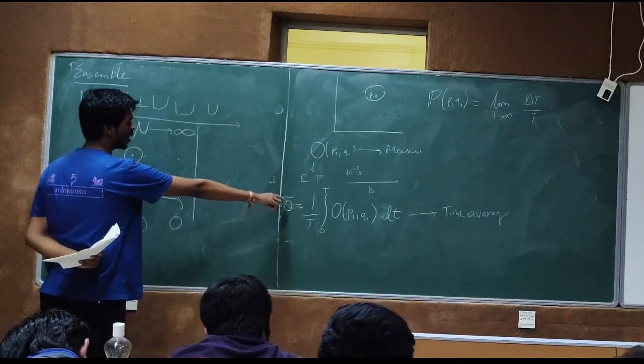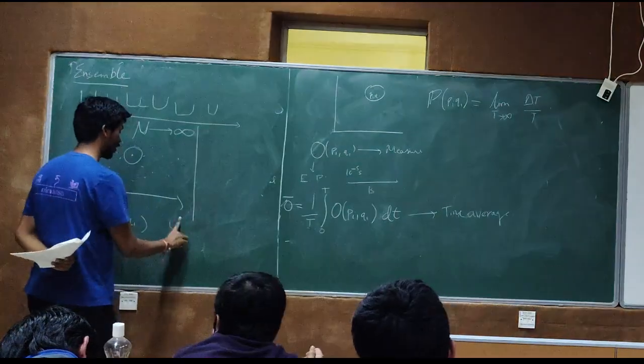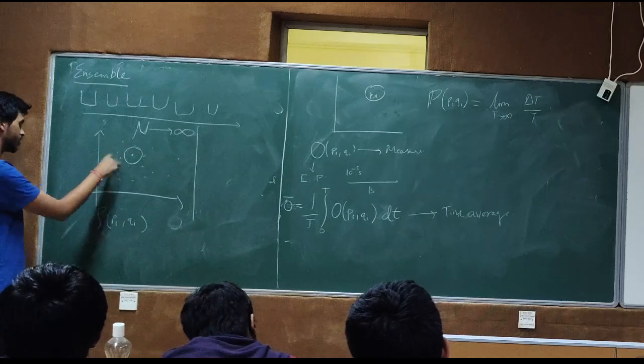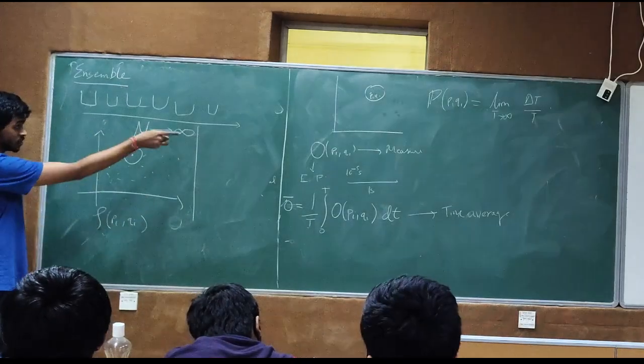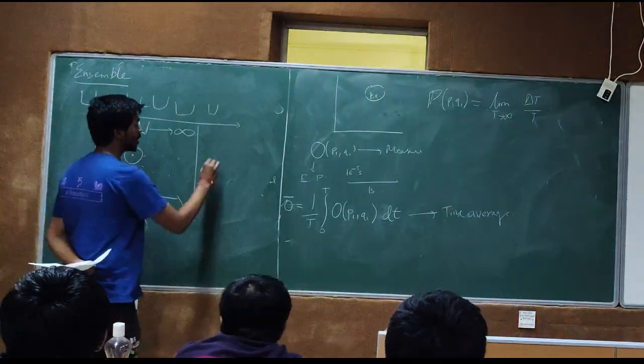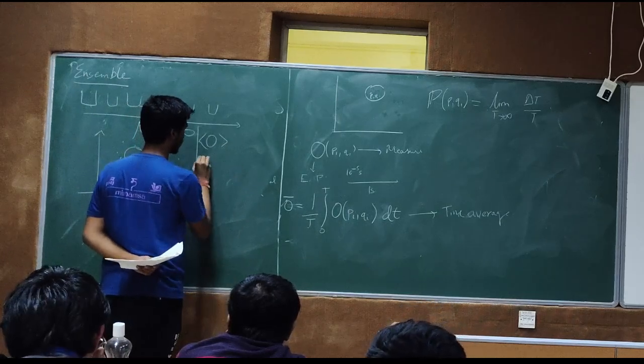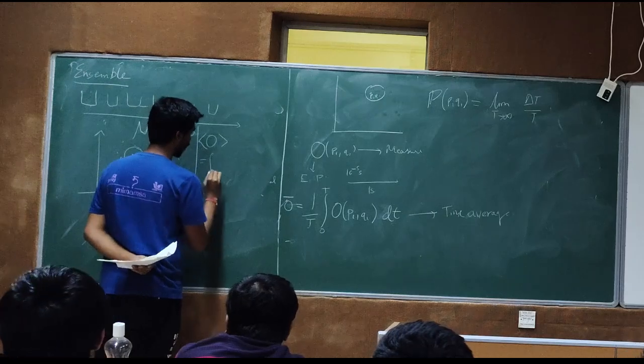Let's denote the time average by a bar. And now you have the density of points in the phase space for this ensemble approach. Now you take any O of P, Q, and I'm calling this an ensemble average.